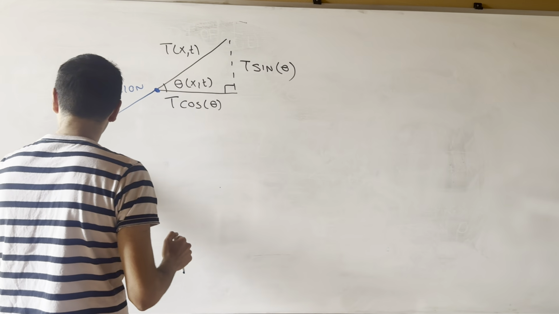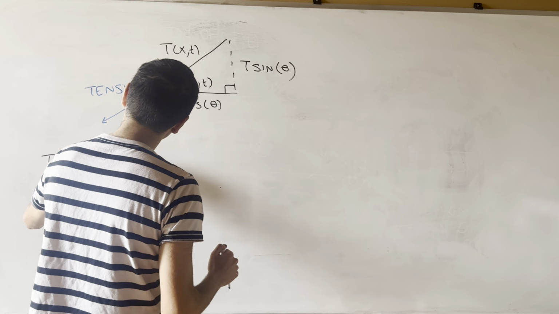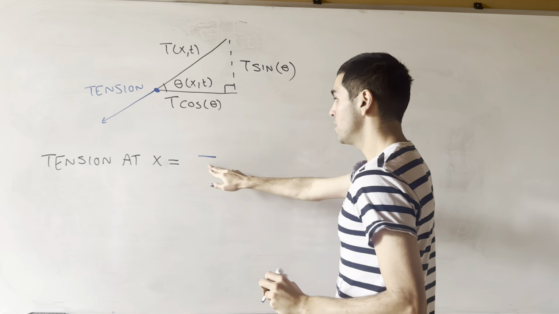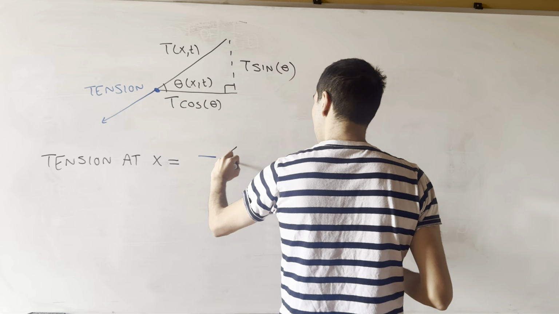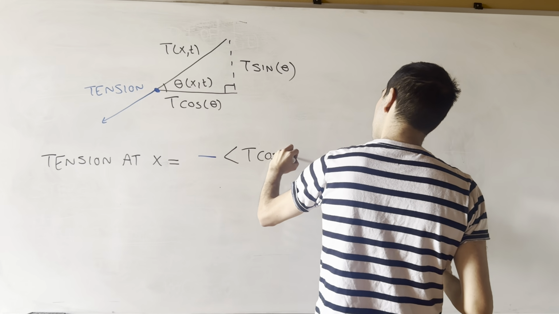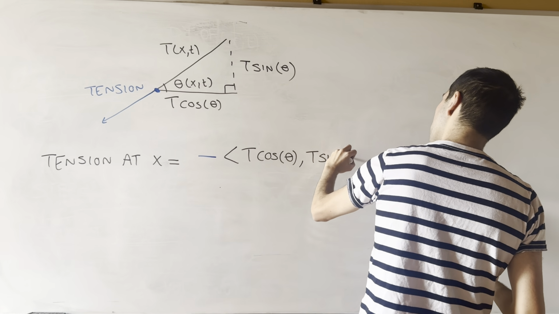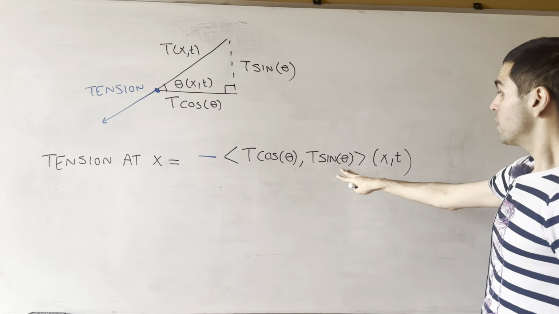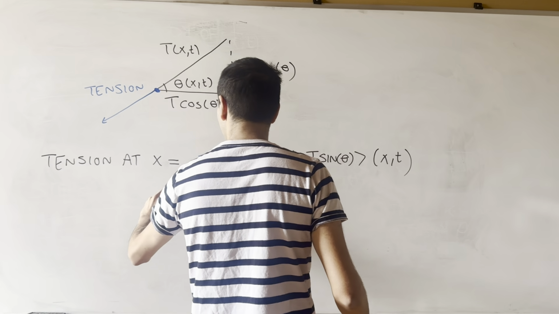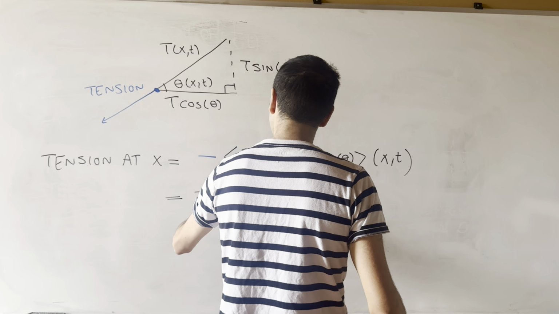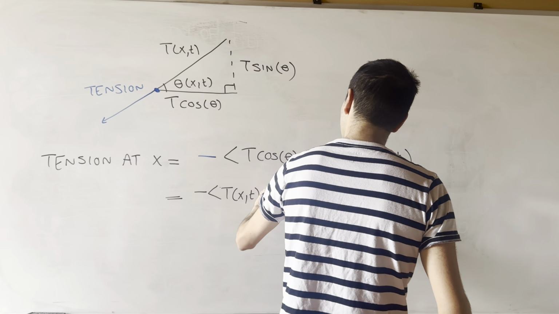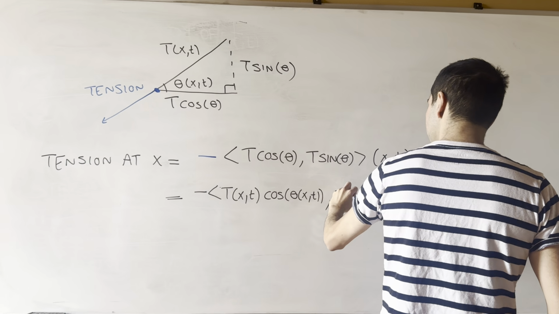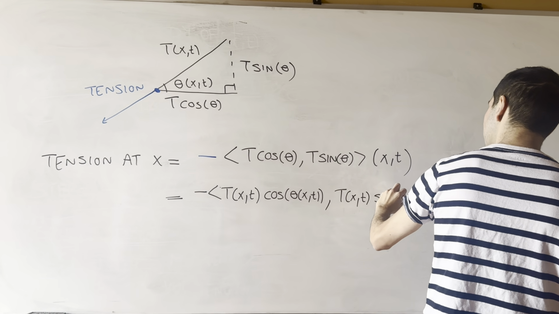So the tension at x, all this is, again, minus because of the other direction, and then T cosine of theta, T sine of theta at x,t, which is just another way of writing minus T of x,t cosine of theta of x,t, and then T of x,t sine of theta of x,t.